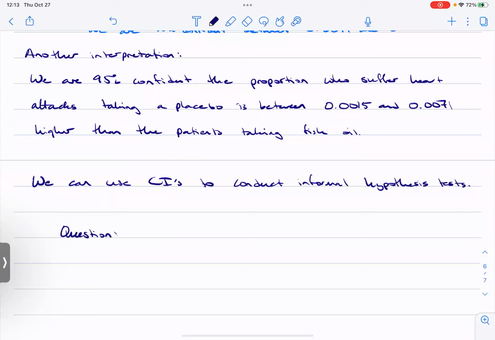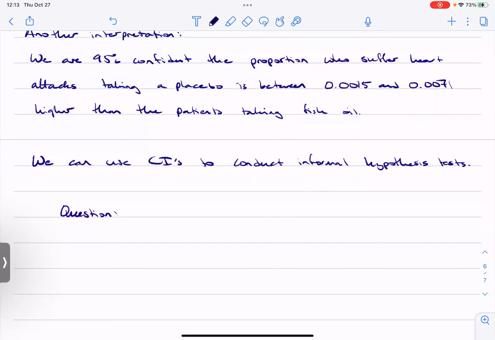If the question is, is there a significant difference in the proportion of people who have heart attacks in the fish oil group versus the placebo group, right? That significant difference is leading us down the path of a hypothesis test.